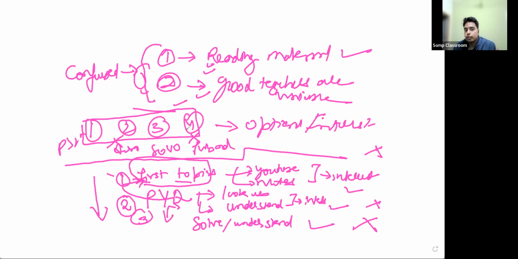Third and last stage: you have already studied the first topic. If you are able to solve the previous year questions from the first topics, then you can continue, and if not, then you can leave the optional. This way, you will end up selecting the optional that you should have selected at the first stage, but with a proper strategy. With this, I stop my session over here.